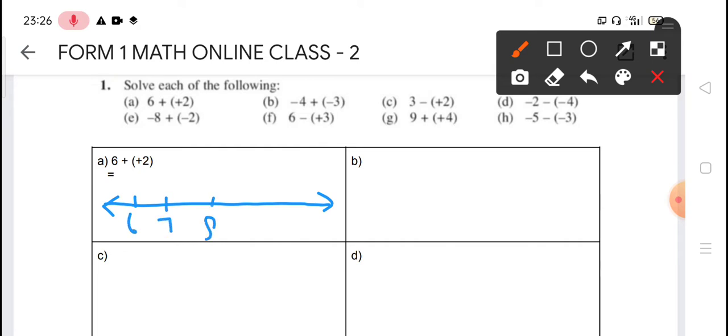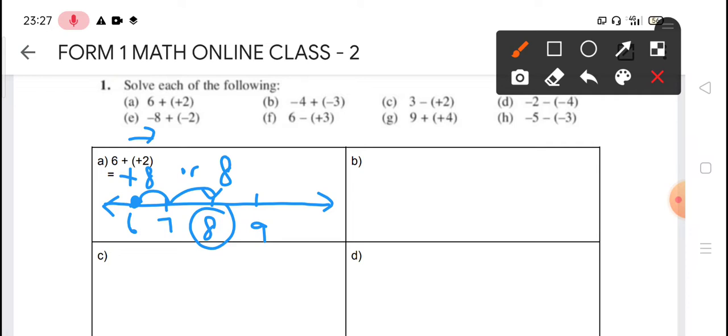We start from 6. Add positive, we move to the right; add negative, we move to the left. So we move to the right 2 steps, 1, 2. The answer is positive 8, or you can just write your answer as 8.